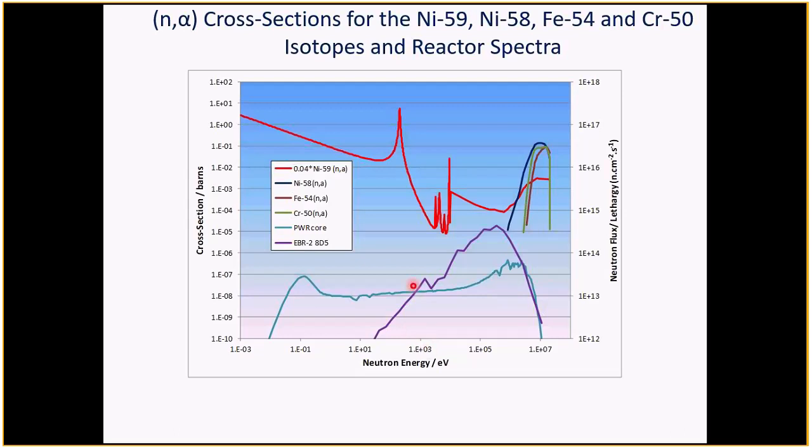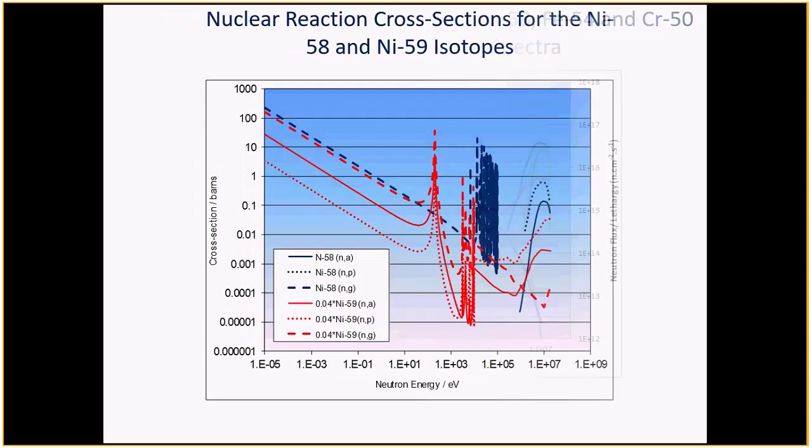And we have this possibility then, if you're producing a little bit of nickel-59, then once you've got the nickel-59 produced, you've got this possibility reaction here. Oh, you've got a resonance here.